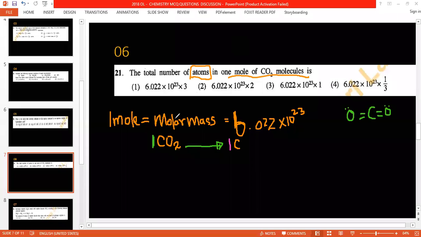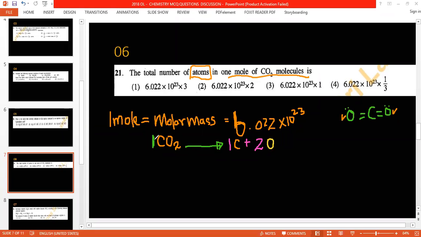Not O2, oxygen atoms. 1 oxygen, 2 oxygen. So from 1 molecule of carbon dioxide, it contains 1 carbon and 2 oxygen.